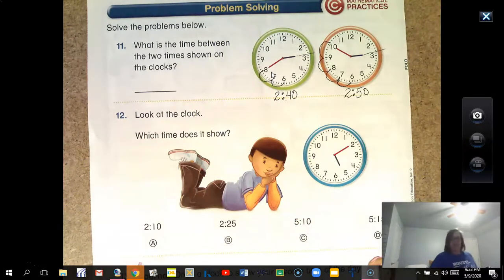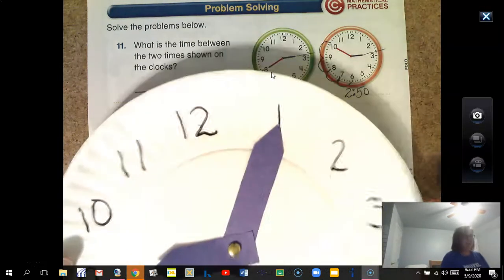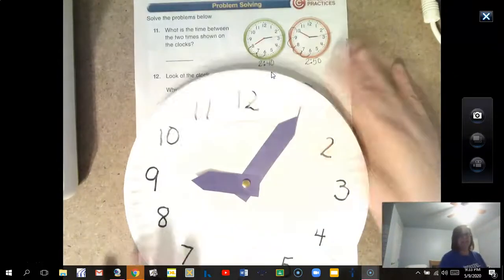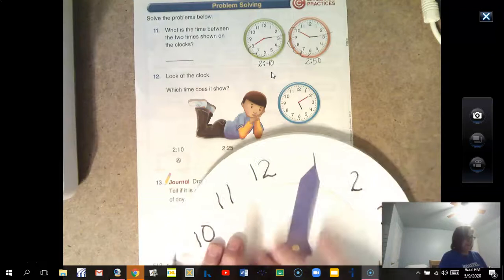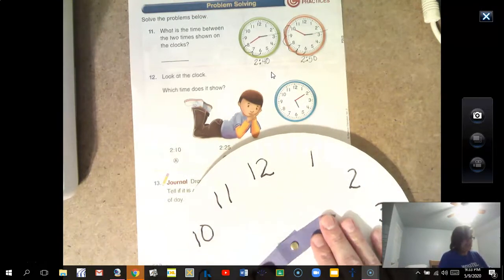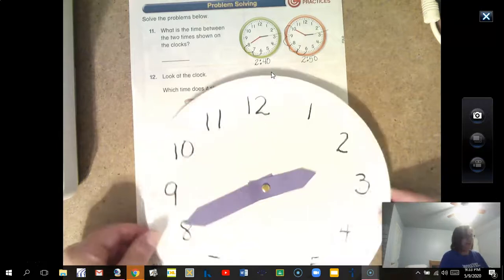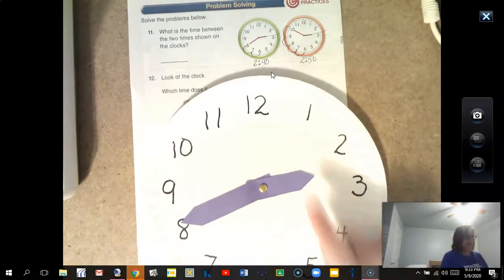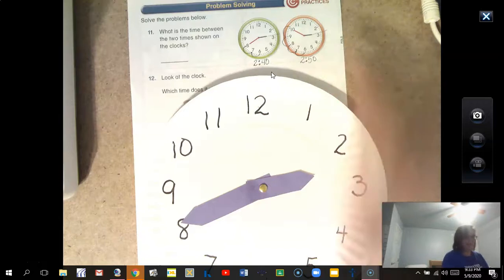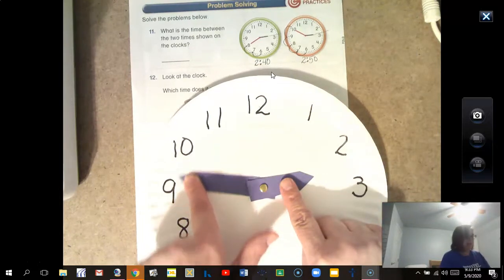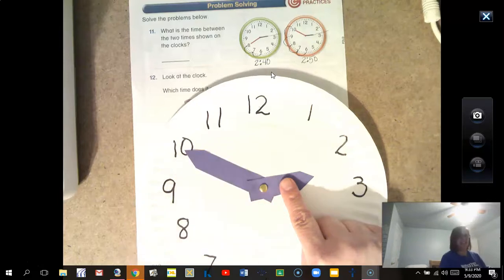Okay, so I want to show you on this clock. I'm going to bring this back up again. Scoot this up so you guys can see. All right. Okay, guys. So this is what the first clock is. It's 2:40. All right. Now I'm going to go to the next one. Watch. So 2:40, 2:45, 2:50.